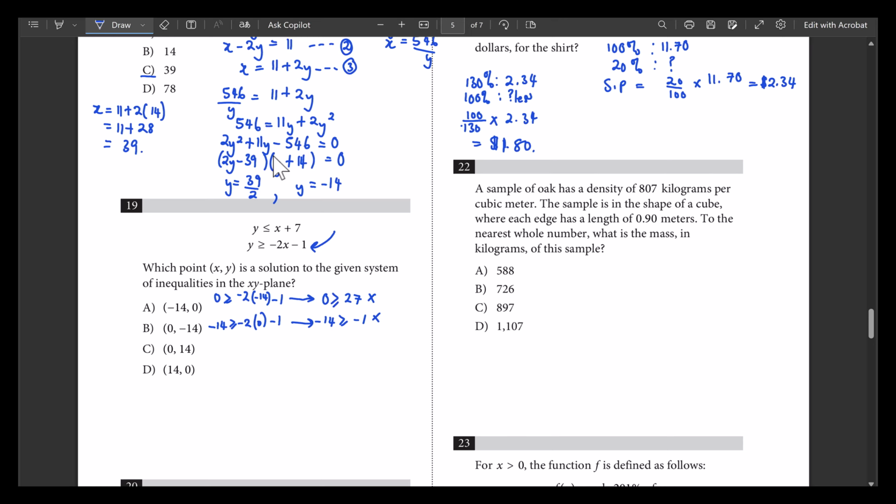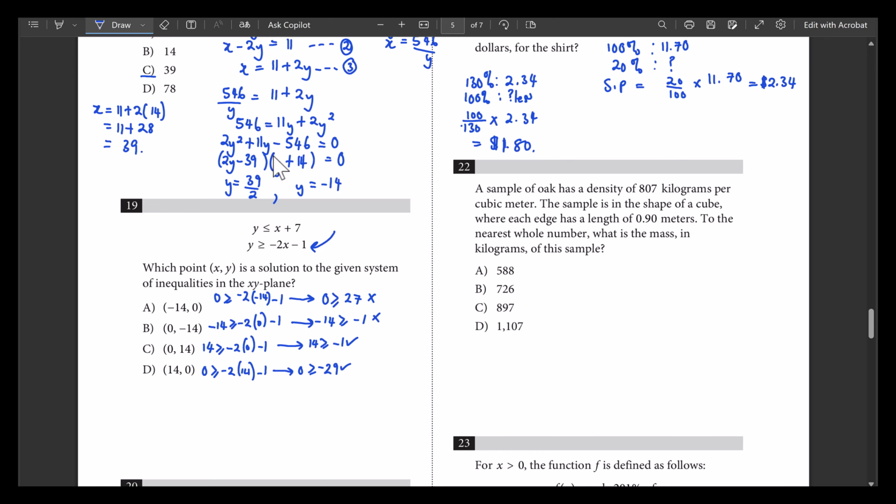And then option C, we get 14 is greater than or equal to negative 2 multiplied by 0 minus 1, and we get 14 is greater than or equal to negative 1, which is true. And then option D, we have 0 is greater than or equal to negative 2 multiplied by 14 minus 1, and we get 0 is greater than or equal to negative 29, which is correct.